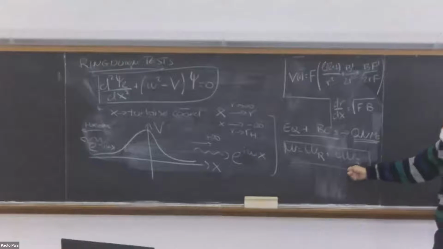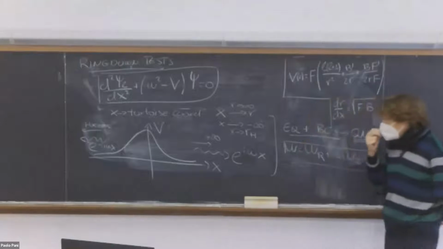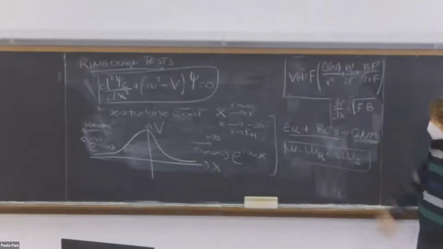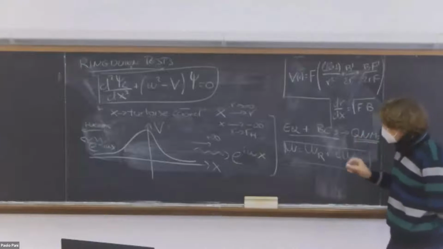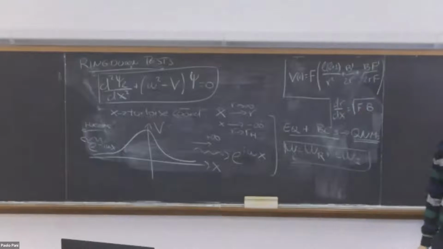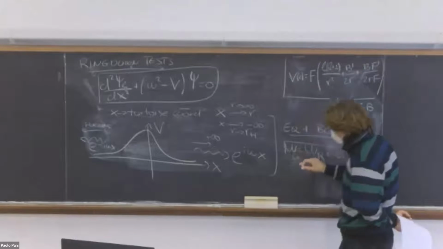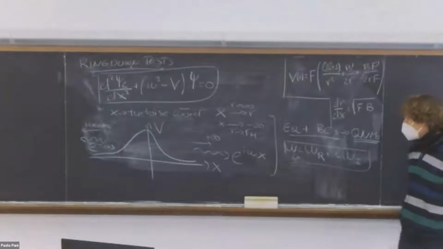These quasi-normal modes in general should be computed numerically, except for very specific choices of the potential. But in GR, they are computed numerically, and they typically depend on the number L, the angular momentum quantum number. They also depend on the number M that defines the azimuthal number in the spherical harmonic decomposition.